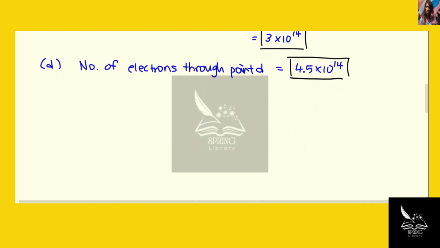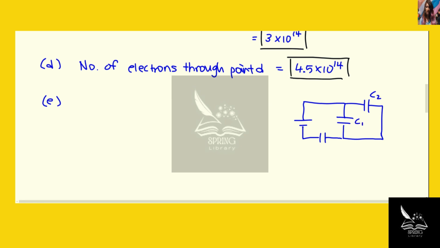Then part E. Here I'm just going to redraw the circuit diagram. C2, C1, C3. When the switch is closed, this is how it looks.